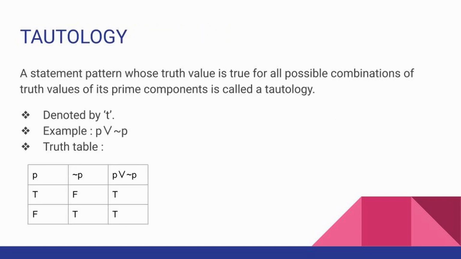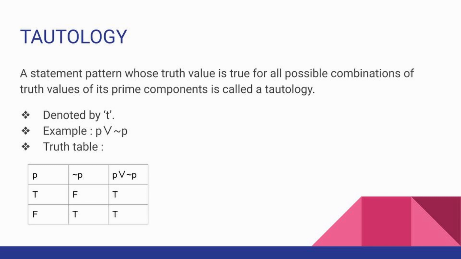Now coming to tautology, a statement pattern whose truth value is true for all possible combinations of truth values of its prime components is called a tautology. That means the last column must contain only the truth value true.